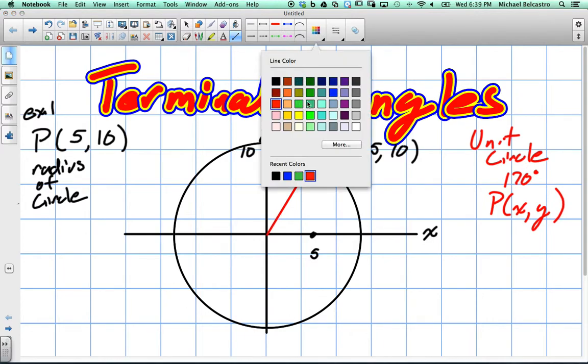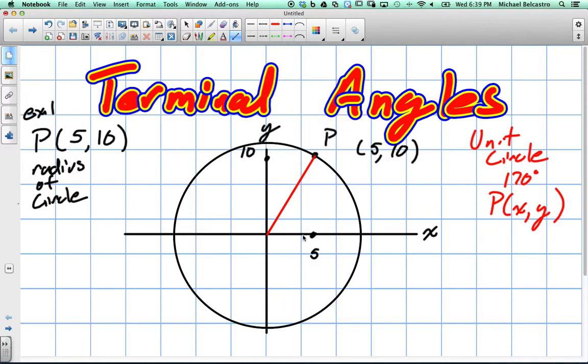What we can do to figure this out is turn this into a right angle triangle. In fact, we can draw a line straight down there. That's not quite straight. There you go. And we've now created a right angle.